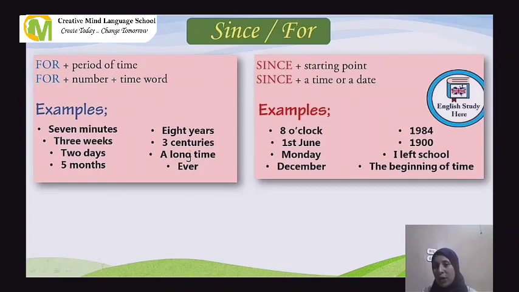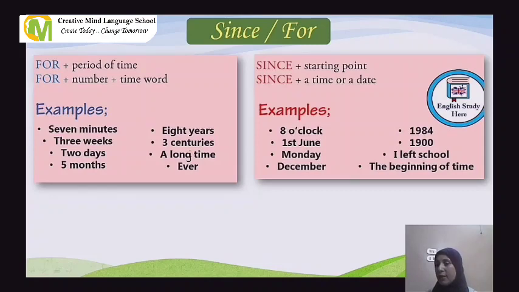In other words, we say for plus number plus the time. Examples, for 7 minutes, for a long time, forever. If we talk about since, after since comes the starting point, a time or a date. Examples, since 8 o'clock, since December, since 1984, since I left school.